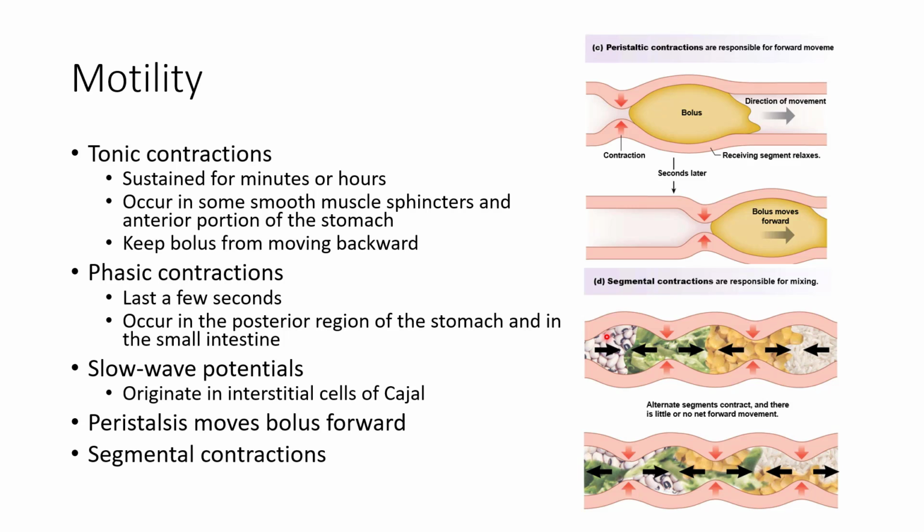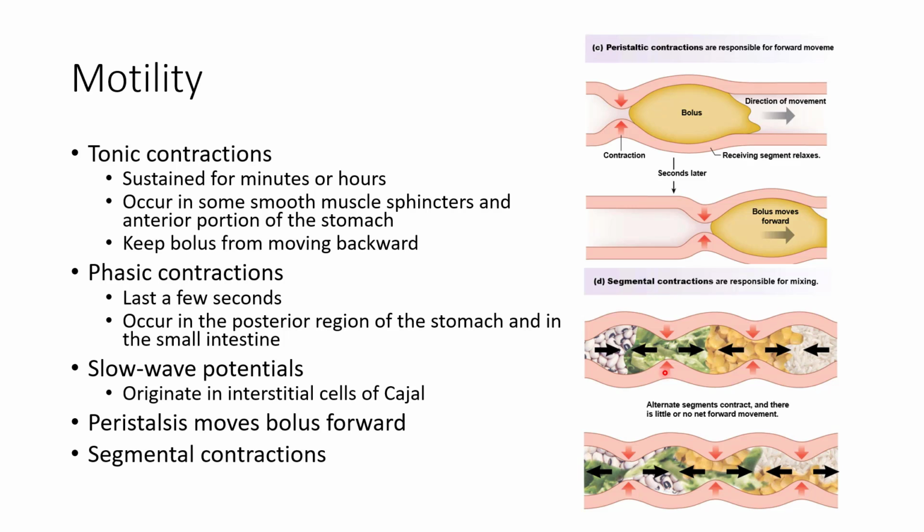In the digestive system, those tonic contractions are maintained for long periods of time, and we primarily find them in our sphincters. There's an esophageal sphincter that prevents movement of food from the stomach up into the esophagus or out of the mouth into the oral cavity.